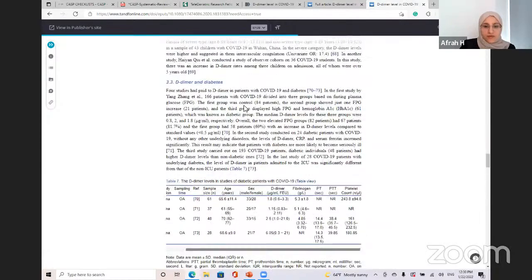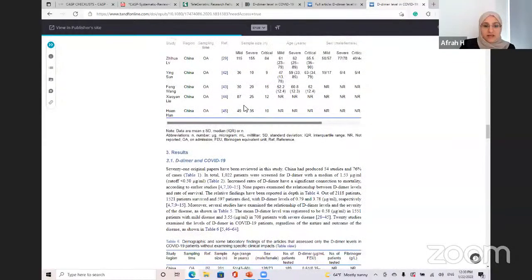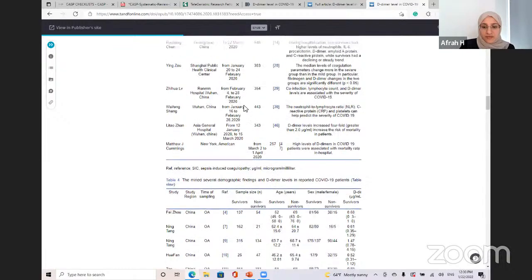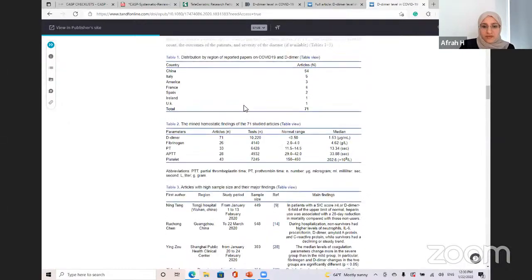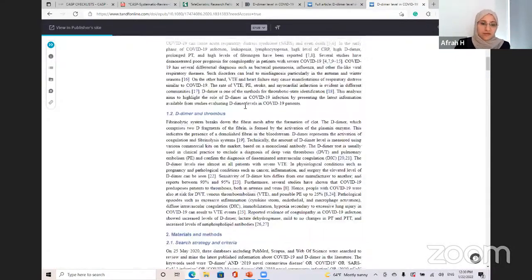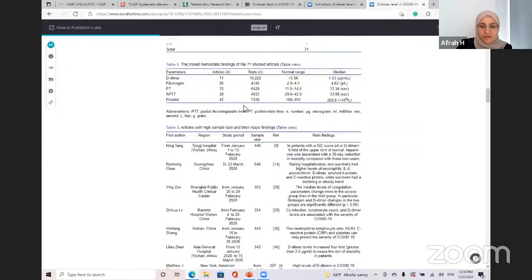So the overall result was increased D-dimer in patients with COVID-19. This one, the median D-dimer was 1.53.